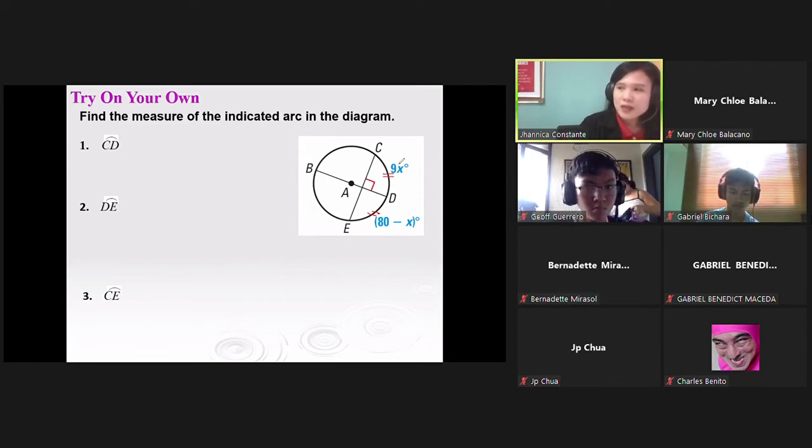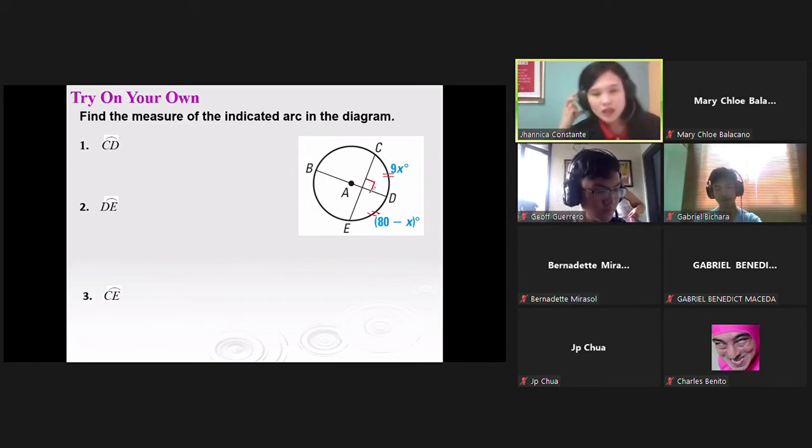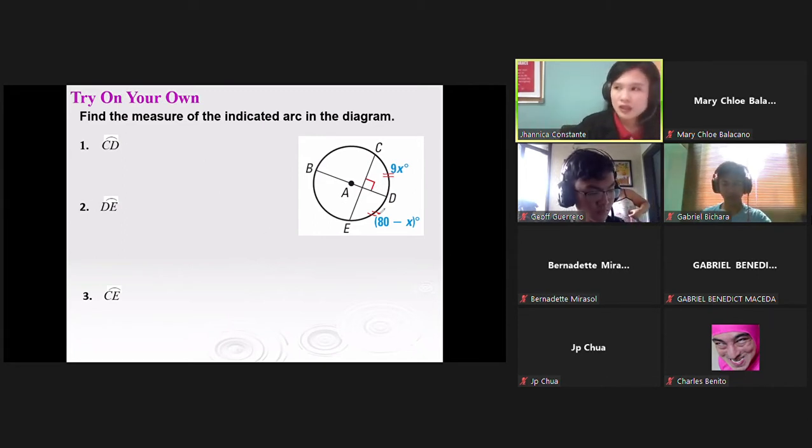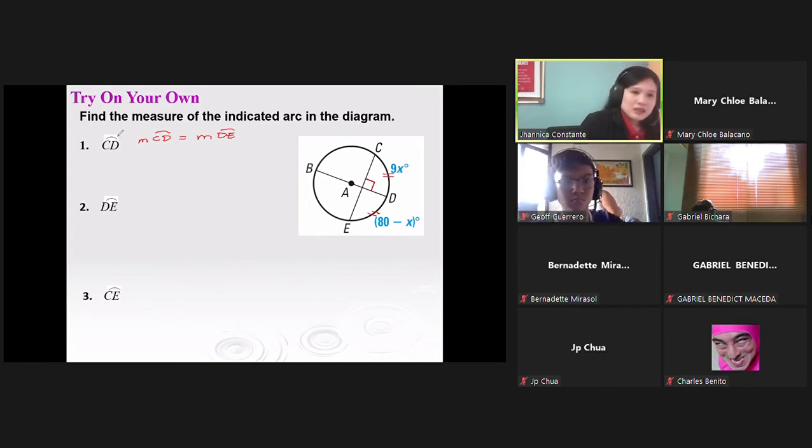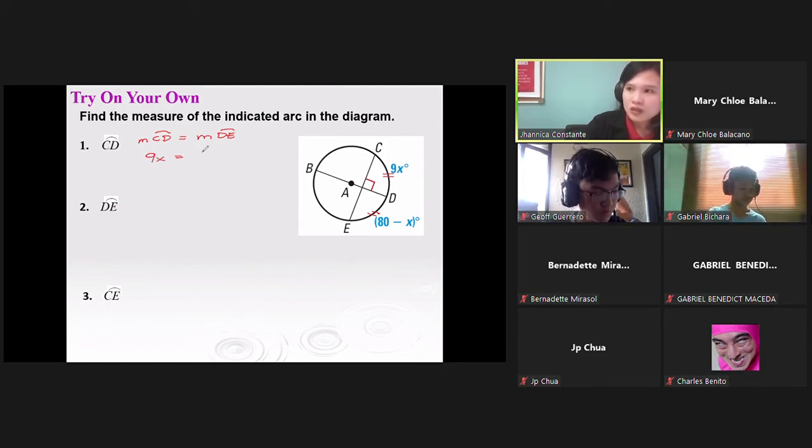So if the measurement of arc CD is equal to the measurement of arc DE, for us to find the measurement of our arc CD, we need to find the value of x. Arc CD is 9x, and arc DE is 80 minus x.